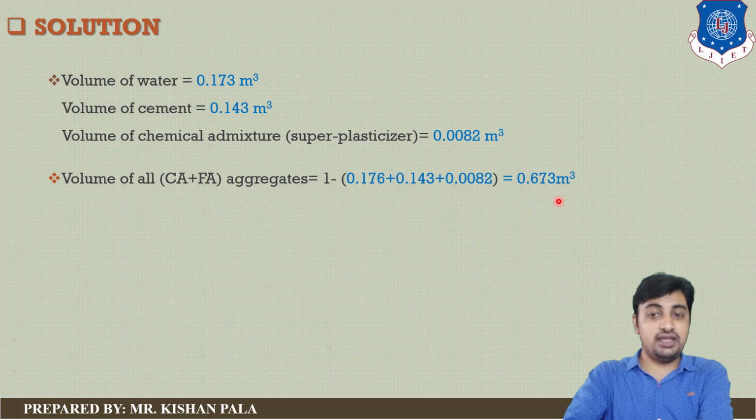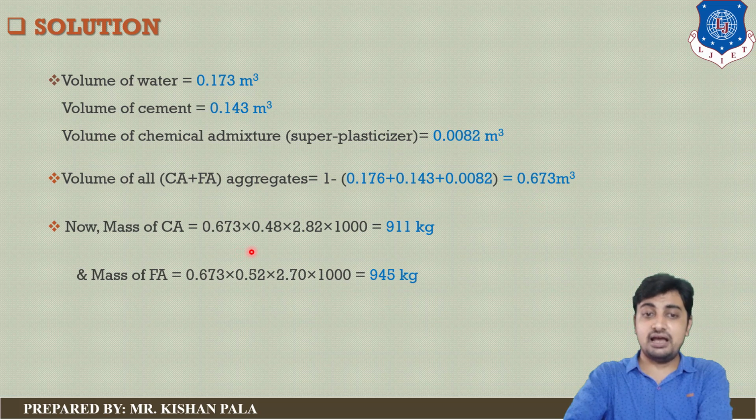So we have 0.673 meter cube for aggregate volume. As per the previous data, we have taken 48 percent for coarse aggregate of the total volume and the remaining 52 percent for fine aggregate.